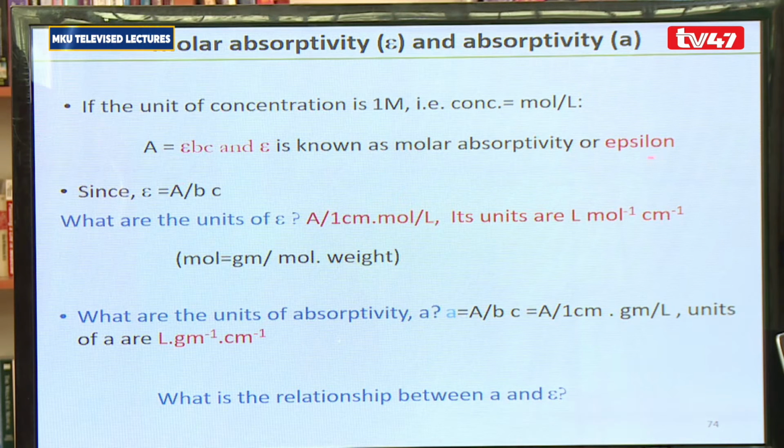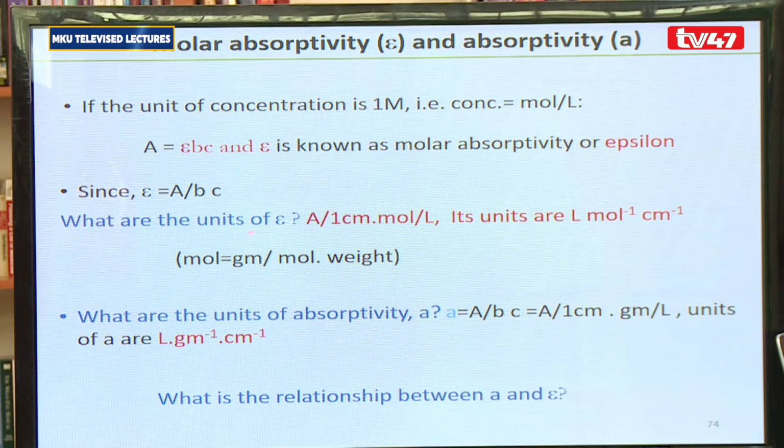So then we can express the Beers-Lambert law as A equals the molar absorptivity multiplied by the path length and then multiplied by the concentration. And we refer to the epsilon as molar absorptivity.